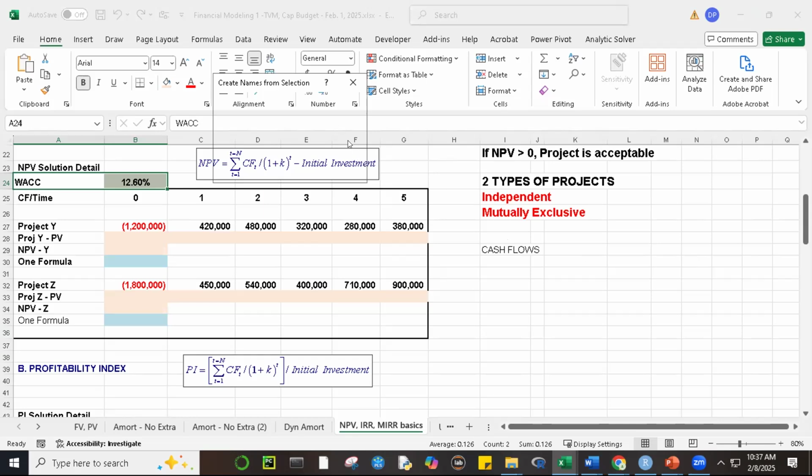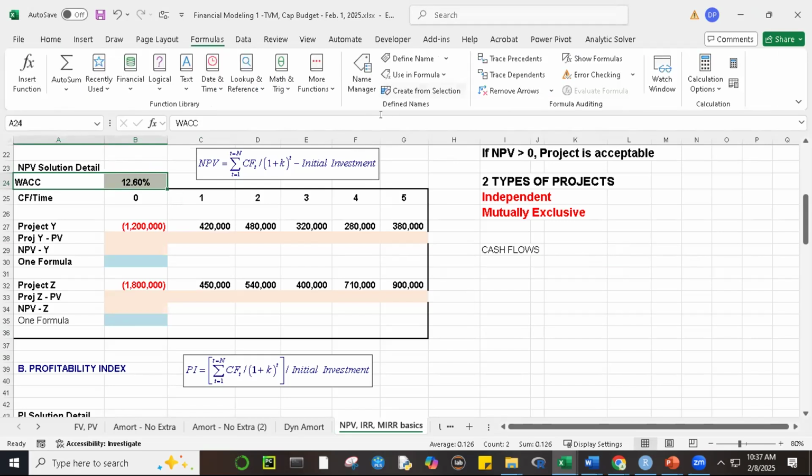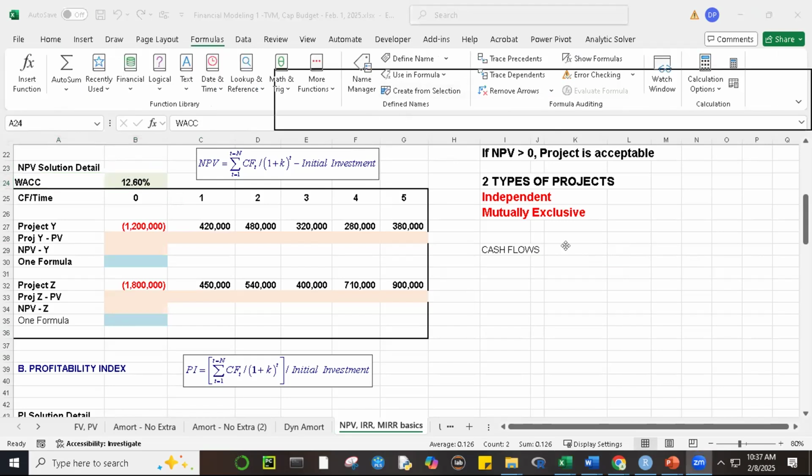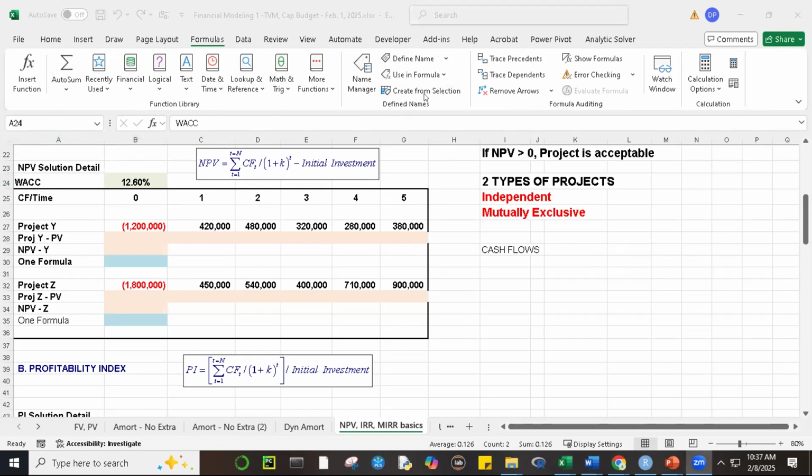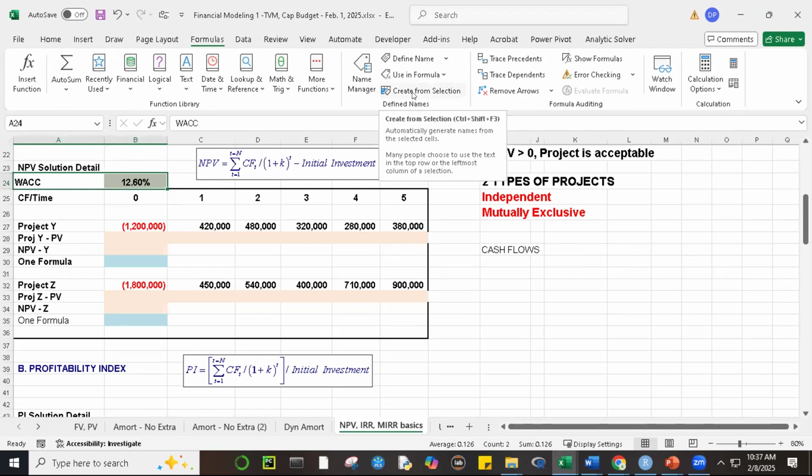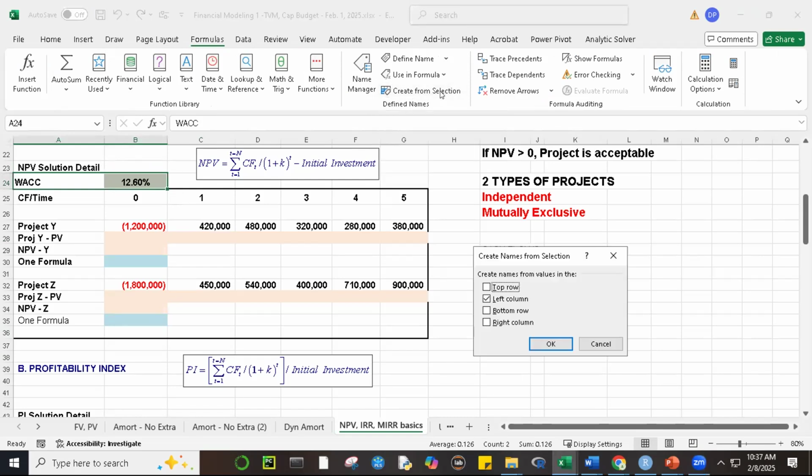Or you go to Formulas, then Create from Selection. If you hover around this, it shows Control Shift F3. I'm going to click this.